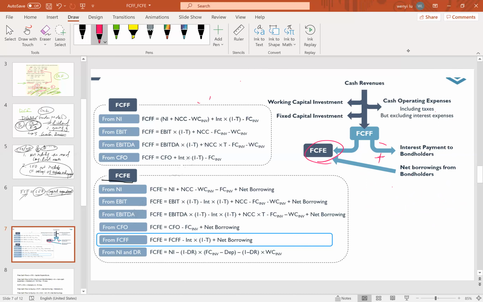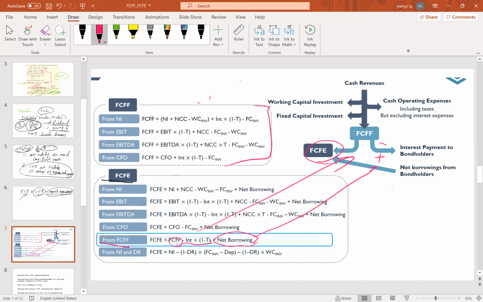You can see here, the most important one is this one. We use our free cash flow to the firm, solved from these four calculations. Now we need to minus the interest payment after tax to the bondholder plus the net new borrowing, so we have the free cash flow to equities.